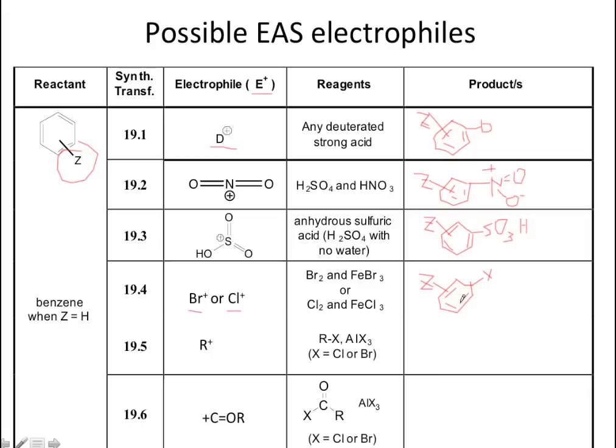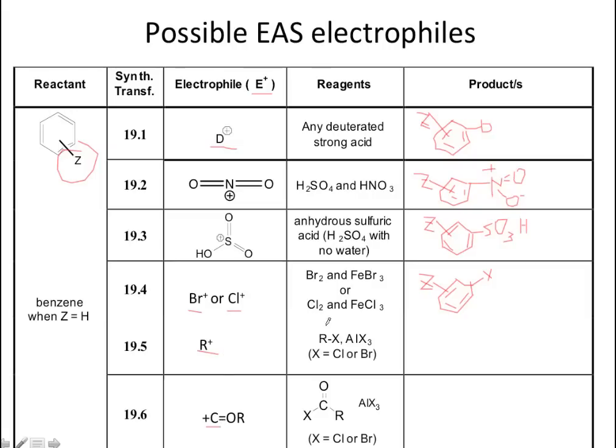And finally, there are two ways to put carbon directly onto a benzene ring through electrophilic aromatic substitution. These are the so-called Friedel-Crafts reactions, in which your electrophile is either an alkyl cation, R+, or an acyl cation, C double bond O with a plus on the carbon.